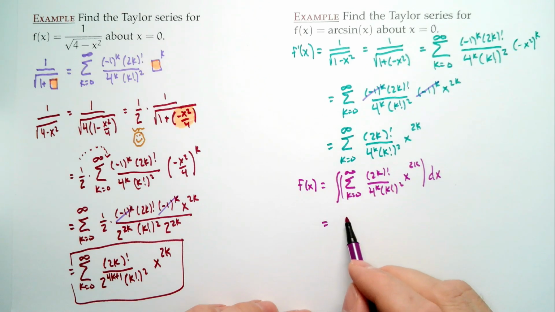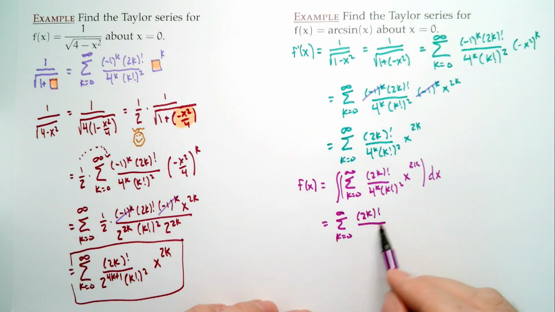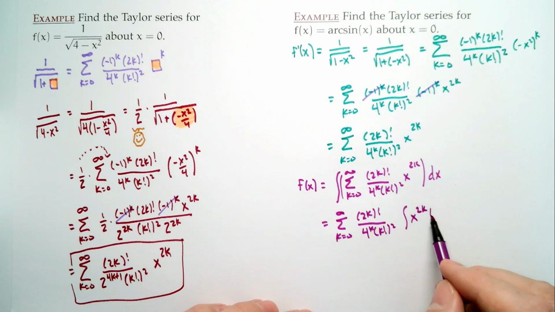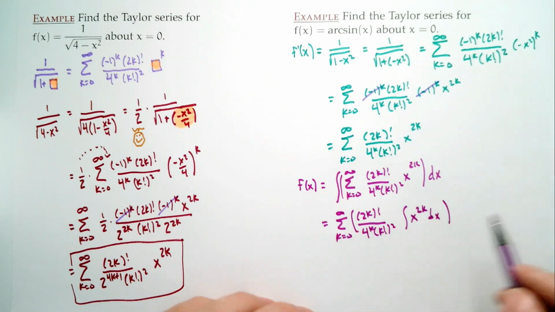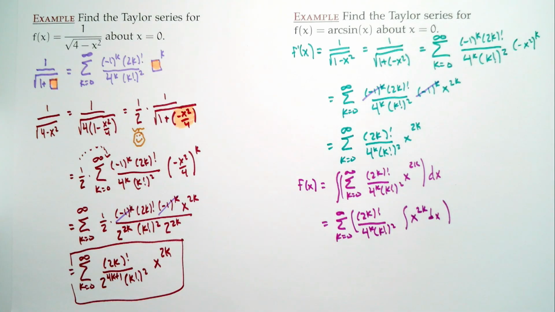So this becomes the sum k equals 0 to infinity of 2k factorial divided by 4 to the k, k factorial squared, integral x to the 2k dx. So that's the way that integration works, is you push the integral into the sum. Now, whoops, I have an extra big parenthesis there. Okay, there we go. Okay, all right. Well, we're okay.